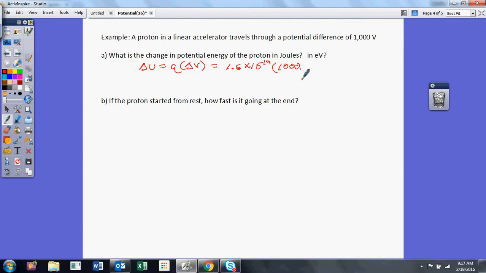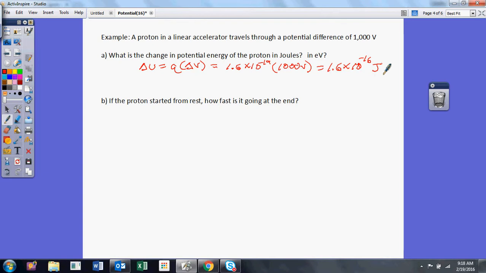I'm not going to worry about the sign on this. So that is equal to 1.6 times 10 to the negative 16th joules.